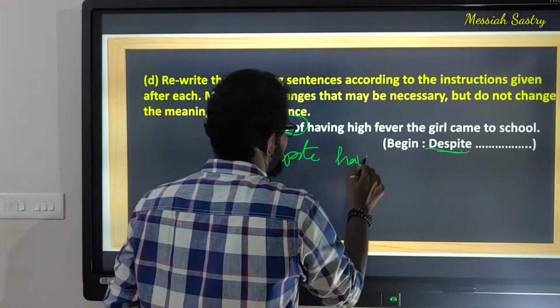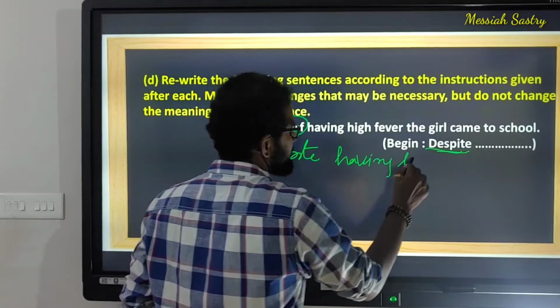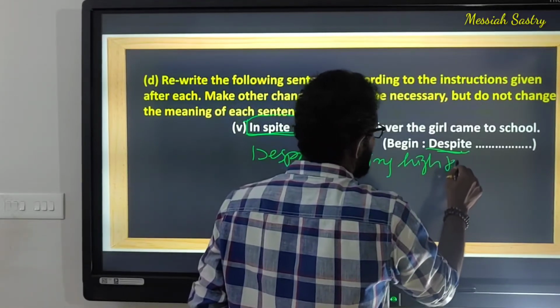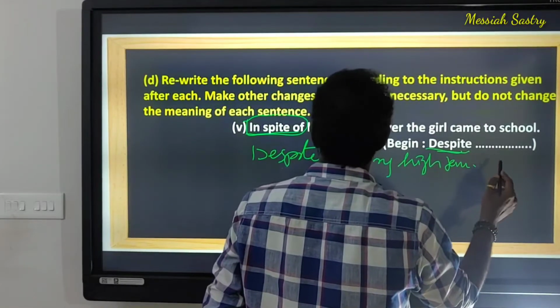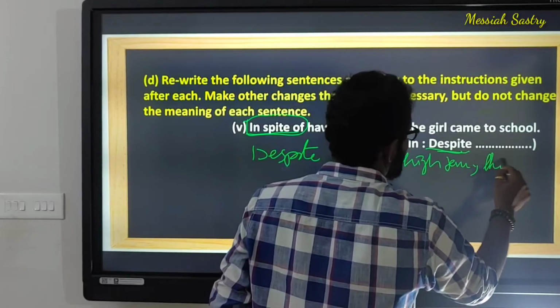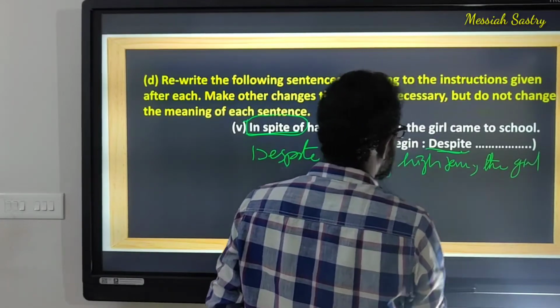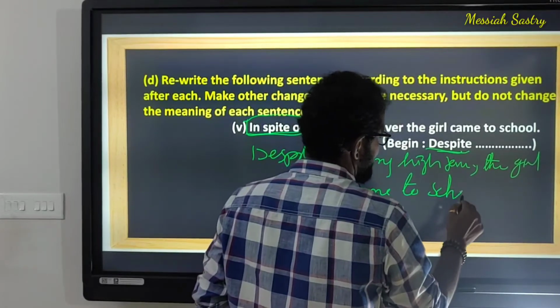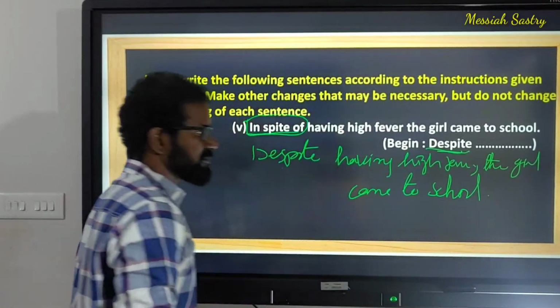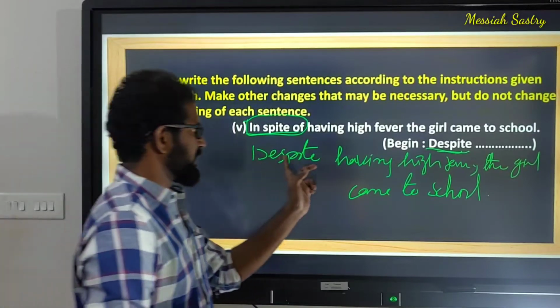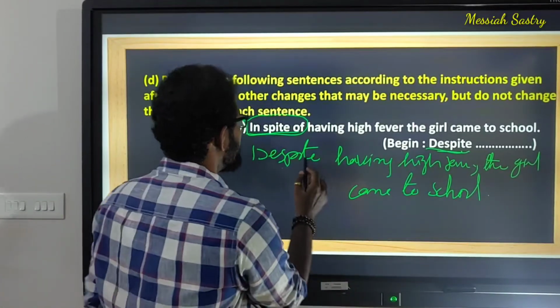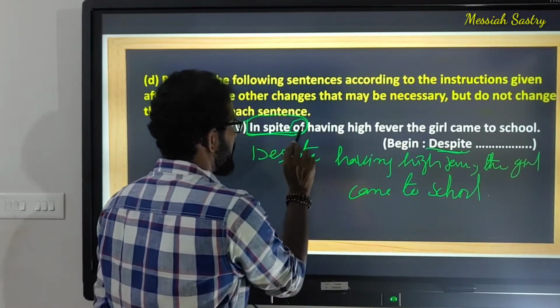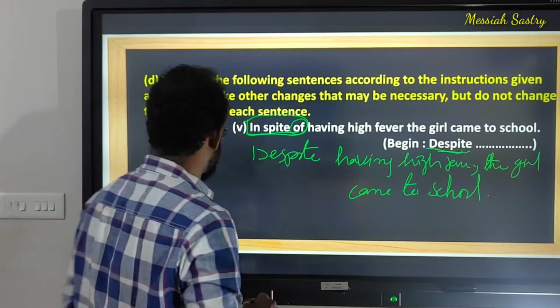Despite having high fever, the girl came to school. So the only thing is, don't use "of" after despite.